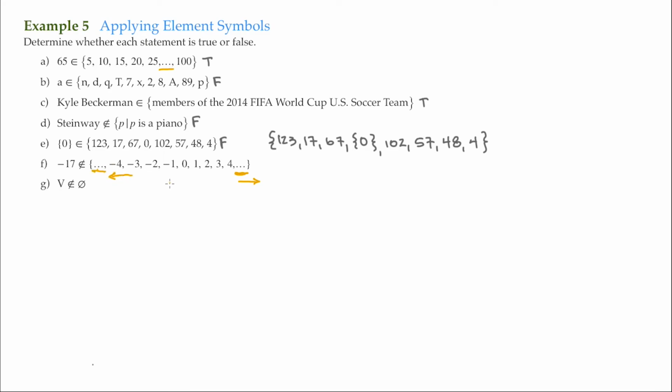So what this is showing is that it's going from maybe negative infinity, counting up this way, and going off into infinity and counting up that way. So this says negative 17 is not an element of this. Well, if this pattern was to continue going that way, we would see that negative 17 is an element. So this is actually false.